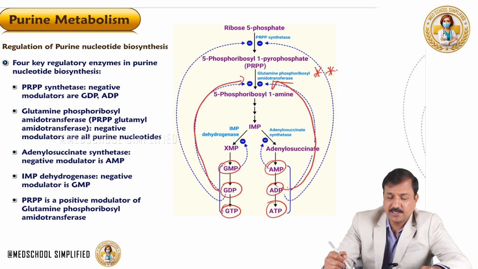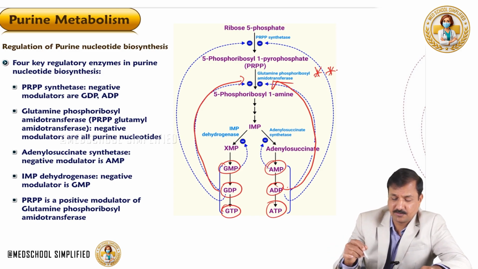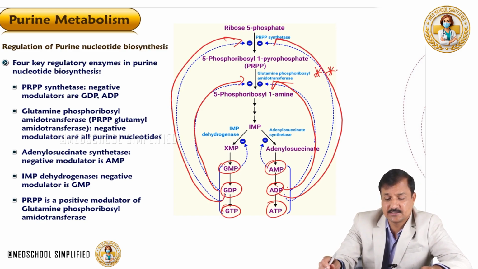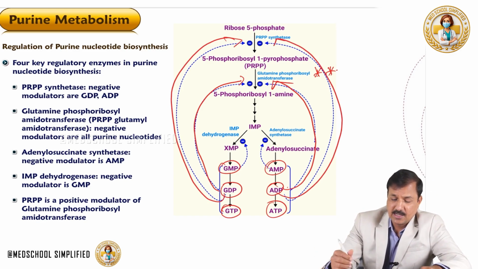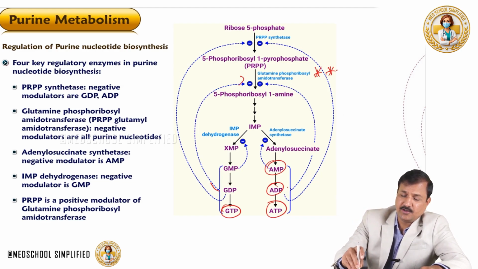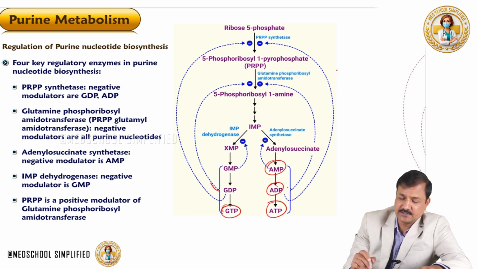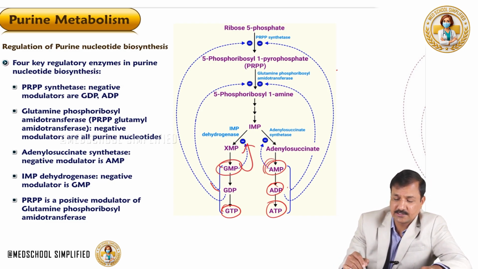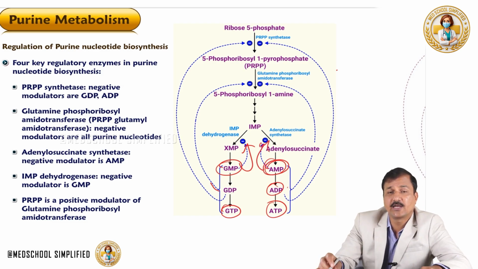Now the other enzyme modulated by the feedback inhibition process is PRPP synthetase, where GDP and ADP will have a negative effect. Remember that. And an immediate negative effect can be seen in purine nucleotide biosynthesis, that is GMP will have a negative effect on IMP dehydrogenase, whereas AMP will have a negative effect on the adenylosuccinate synthetase enzyme.